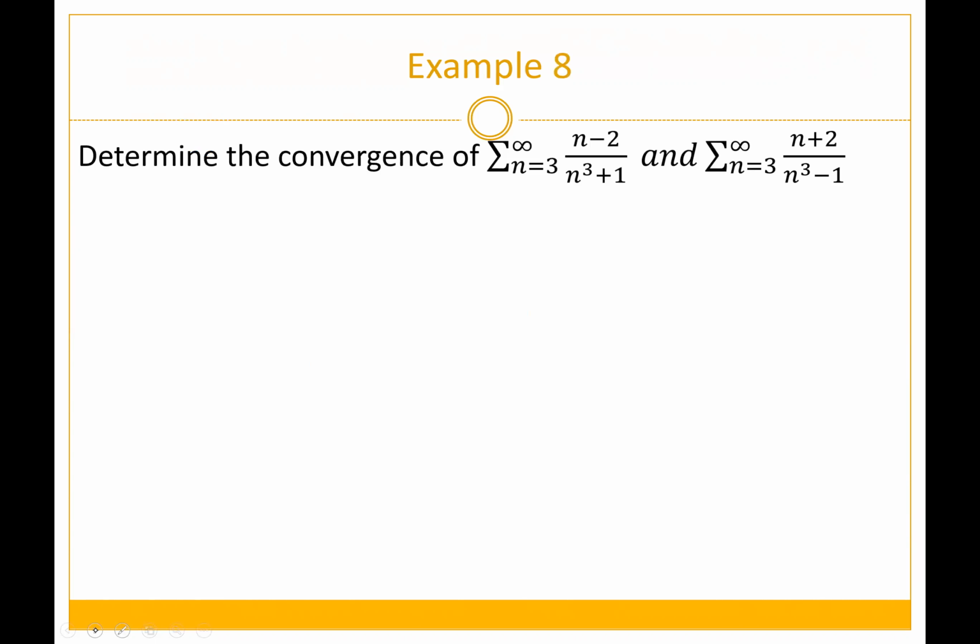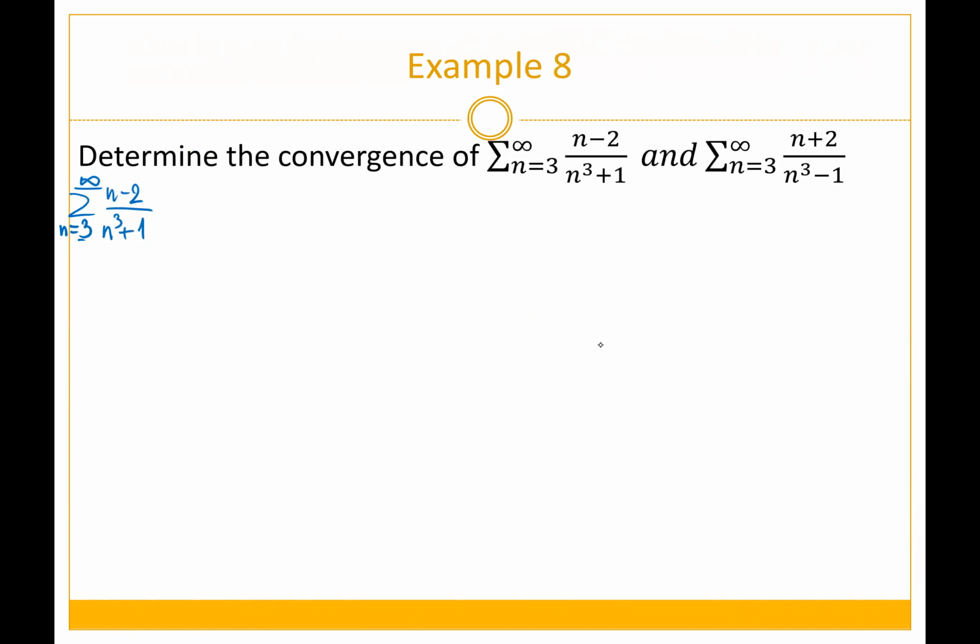What happens here is that the first one you have n minus 2 over n cubed plus 1. So just tell me, by just looking at it, what series do you think I should compare it with? This is good practice as well, because when you try to solve problems on your own, you have to be able to identify what series you're going to compare it with.